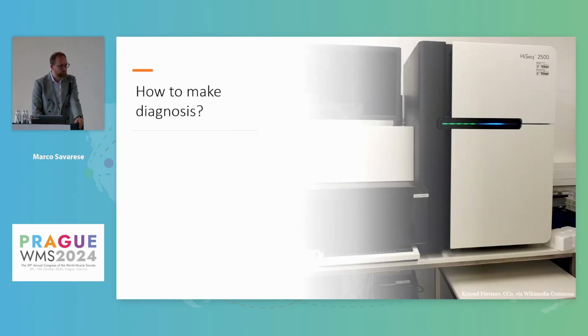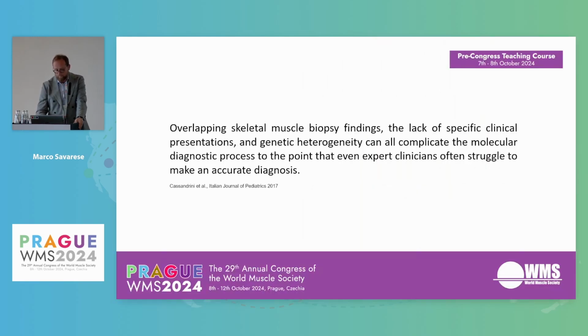How do we make diagnosis right now? Of course, as you know, we heavily rely on genetic tests, and we heavily rely on high throughput sequencing because it's easy to run and is reasonably cheap right now to do an exome and genome.